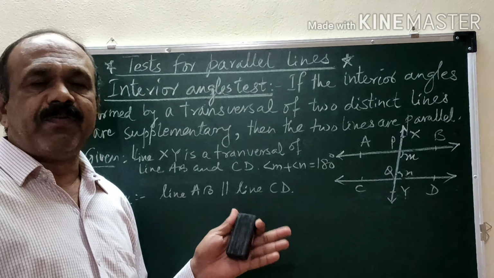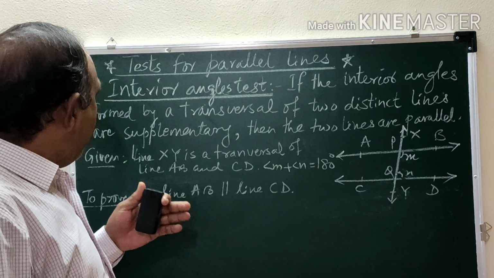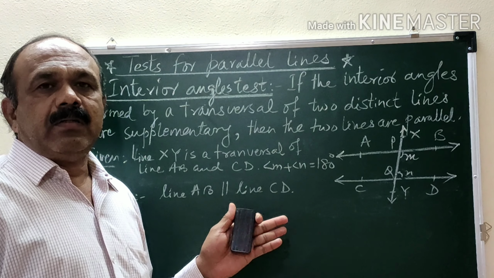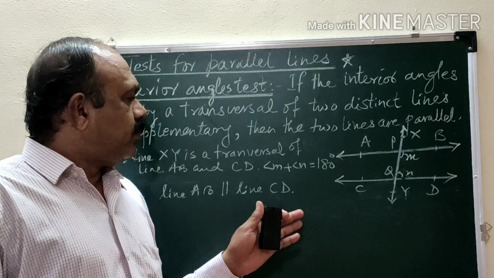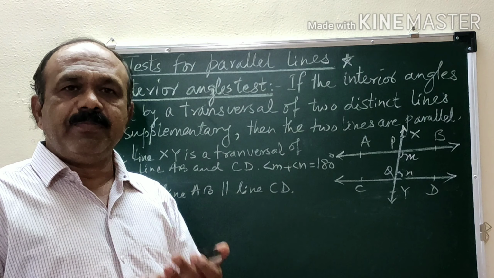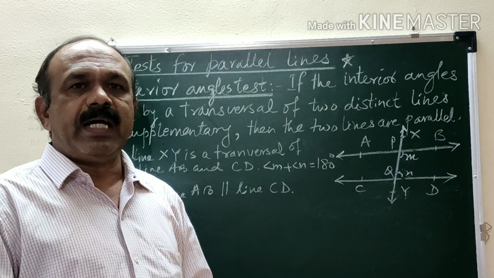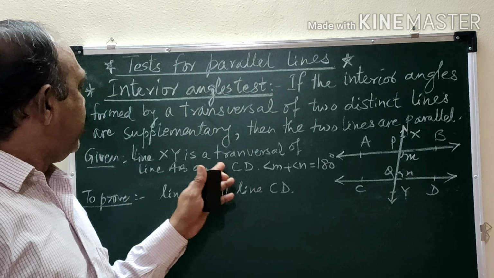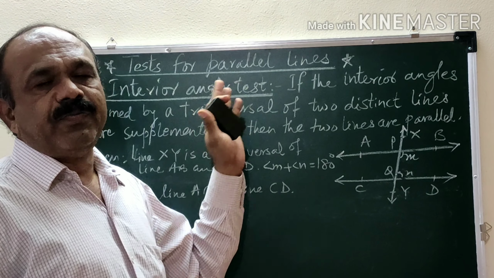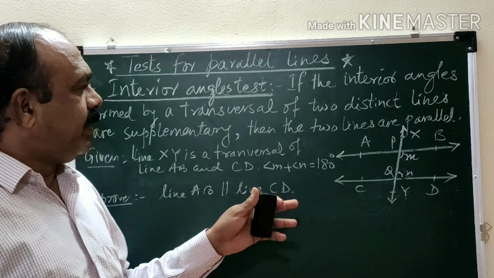We will see the indirect proof. Indirect proof means we assume that what we have to prove is wrong, and according to that assumption we proceed with the proof. Lastly, we come to the conclusion that what we assumed is wrong, and the given statement is correct. So what is given here?